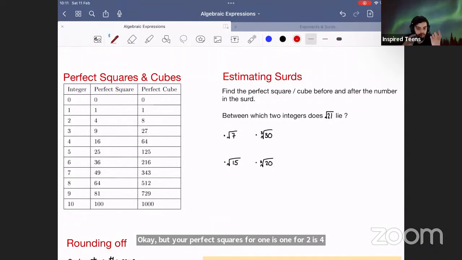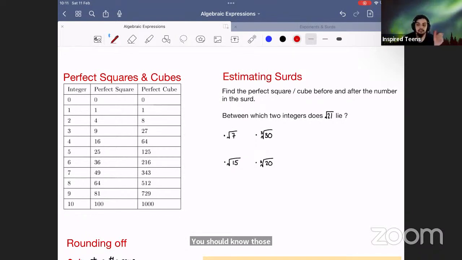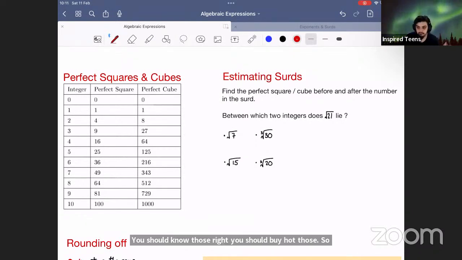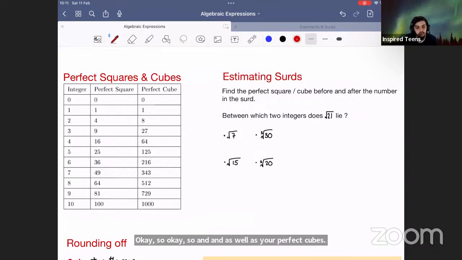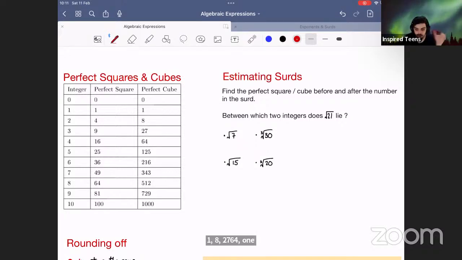You should know those by heart. And as well as your perfect cubes: 1, 8, 27, 64, 125, and so on.